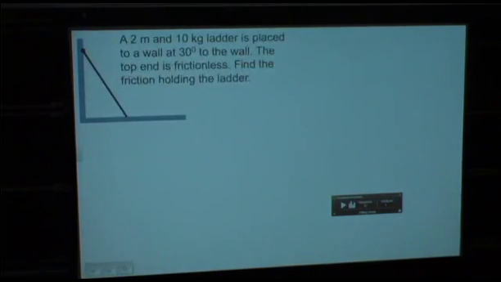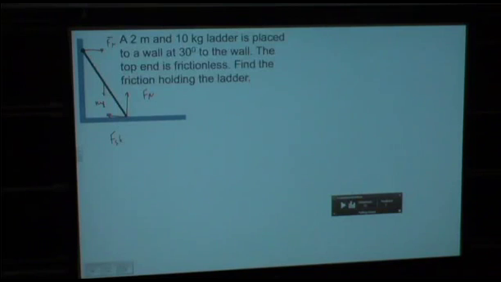In this situation, we have the normal force, and there is a force of static friction, and there is the force of gravity, and here there is another normal force. Even if there is no friction at the top end of the ladder, because they touch each other, the wall and the ladder, the force is not 0.